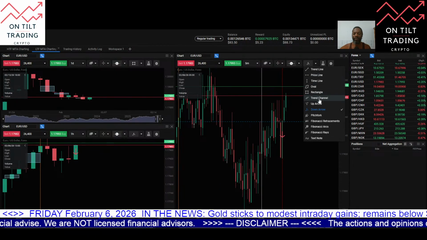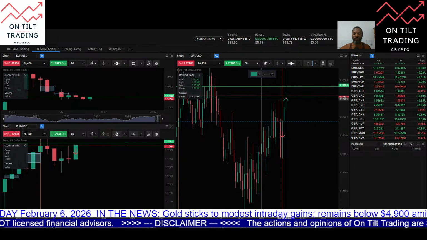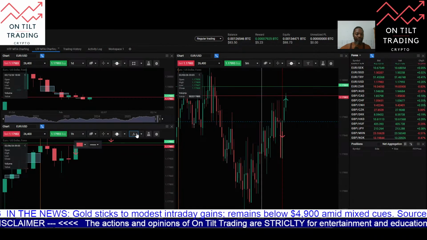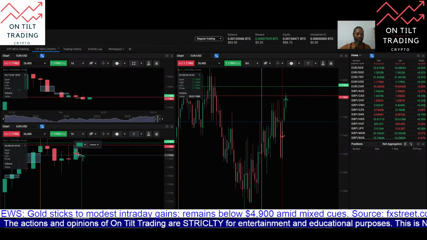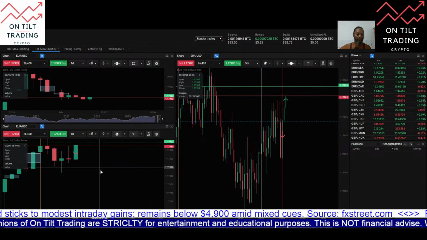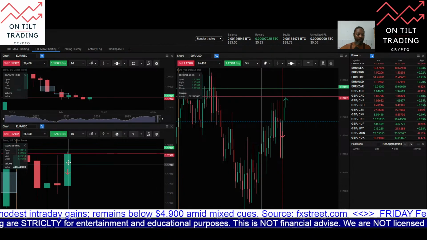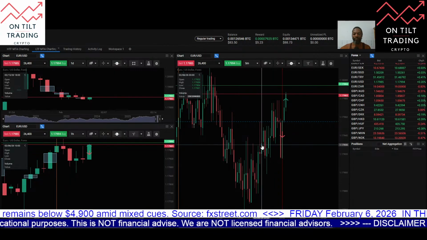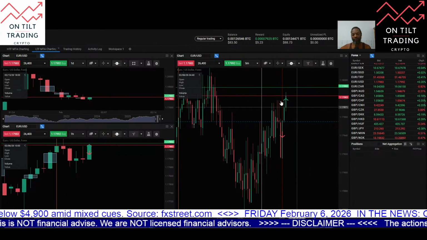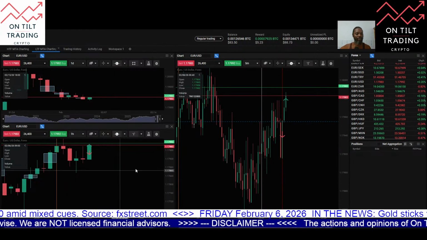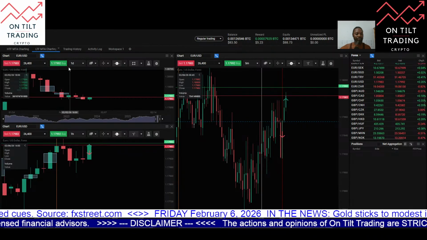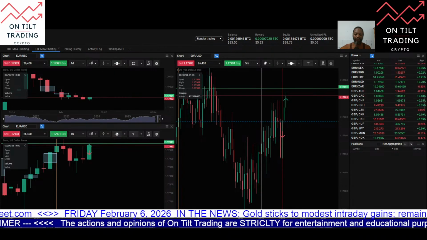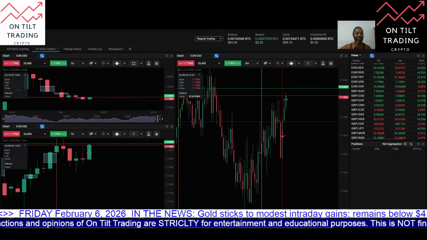So more patience would have been in order for today, or at least for this session. So I'm going to stay away from those double top offers to take trades.